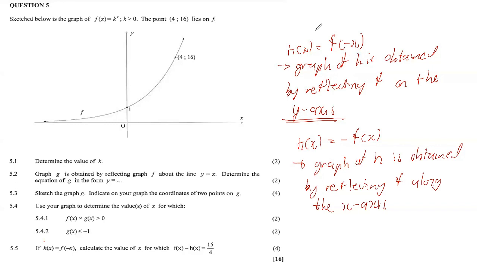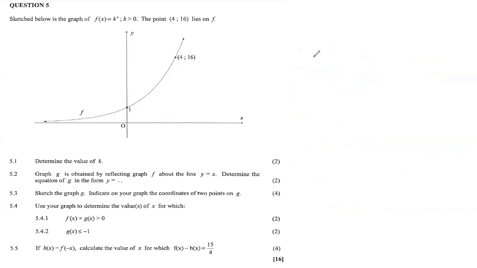So what are we going to do now? Let's tackle that one. Now that we understand this is h of x, remember f of x was 2 to the exponent of x. Now if h of x is a reflection of f of x in the y-axis, that means h of x is 2 to the exponent of negative x.